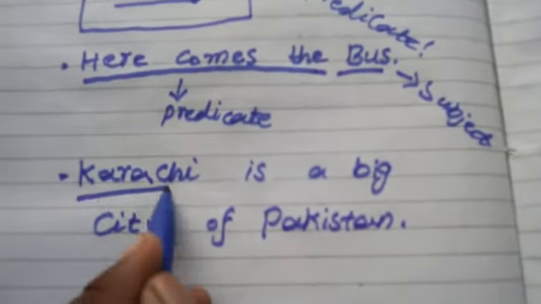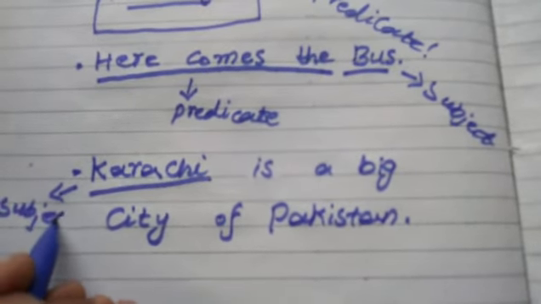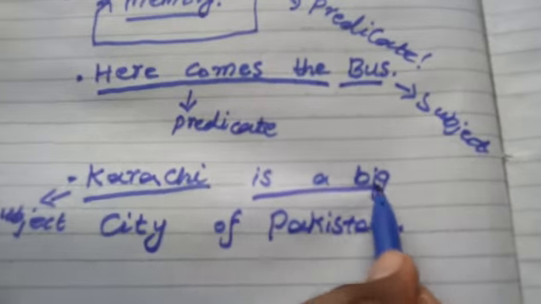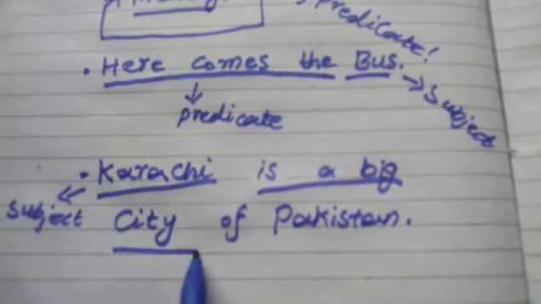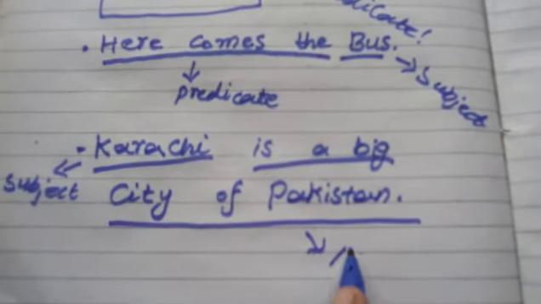This Karachi is the subject, and this whole part is telling something about Karachi. This is the predicate.